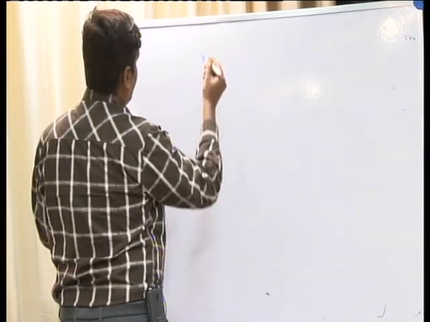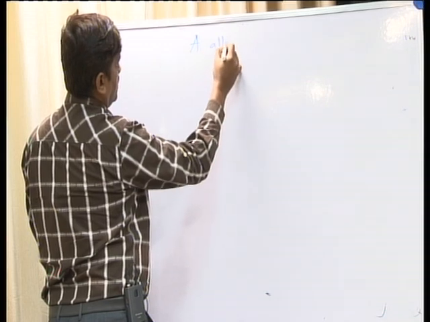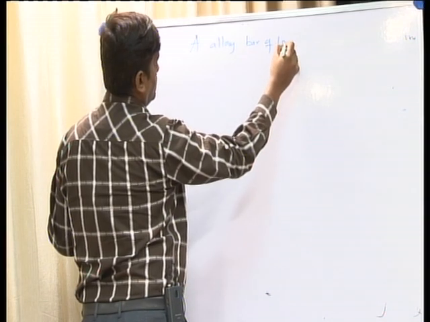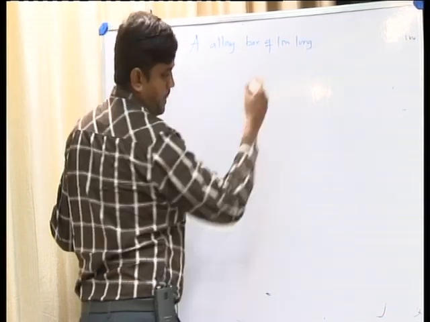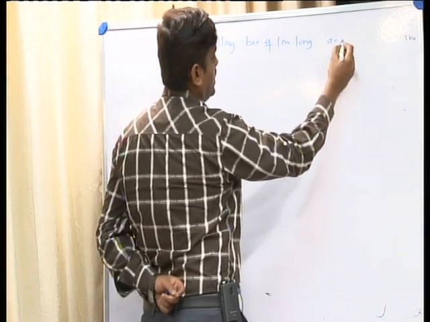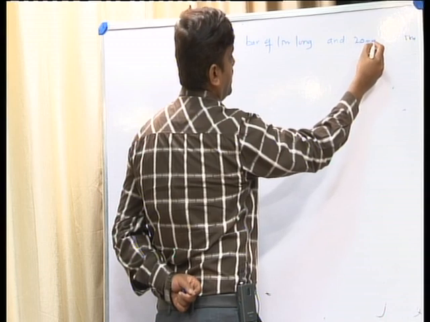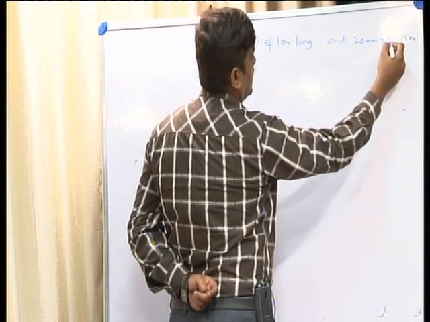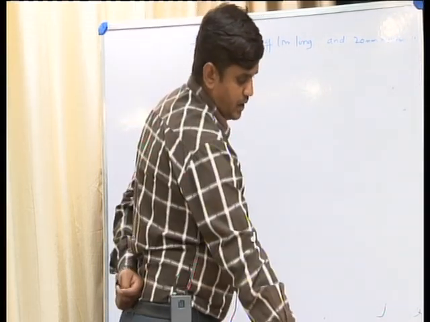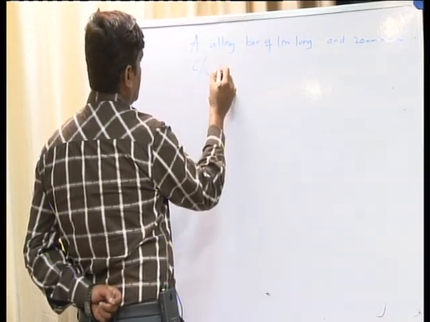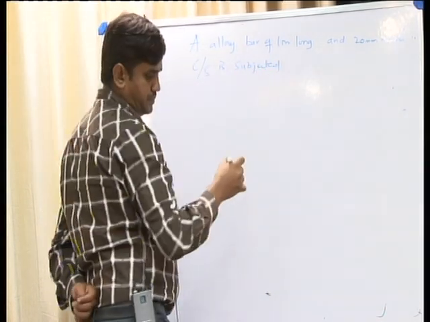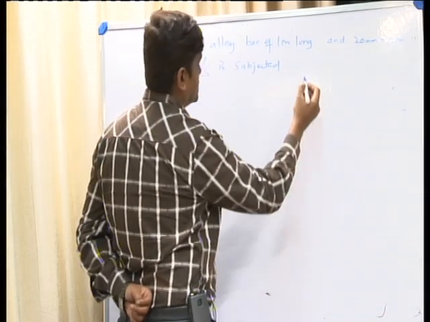An alloy bar of 1 meter long and 20 mm by 10 mm cross section is subjected to a compressive load.